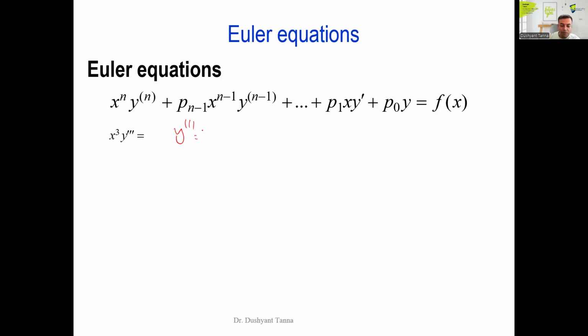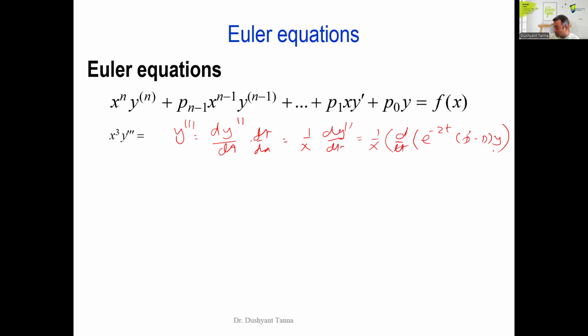y triple dash. We do the same process. We can always say dy triple dash, double, multiply dy by dt and dx. Like simplified, this is 1 on x dy double dash by dt, and that's 1 on x. It is d by dt of y double dash, of which we have e raised to minus 2t, d square minus d times y, the same thing which we had done earlier.